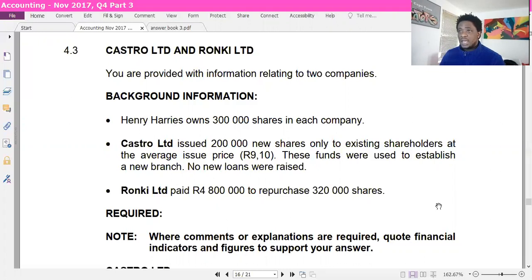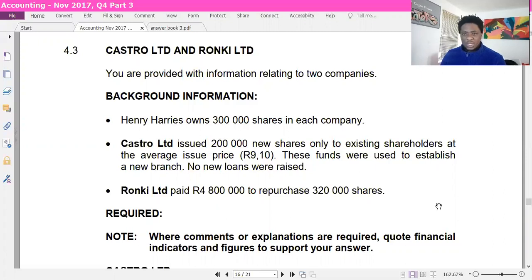They say Henry Harris owns 300,000 shares in each of the companies. And then they say Castro Limited issued 200,000 new shares only to existing shareholders. Note that it's only to existing shareholders at an average issue price of R9.10. These funds were used to establish a new branch, so that's also important.